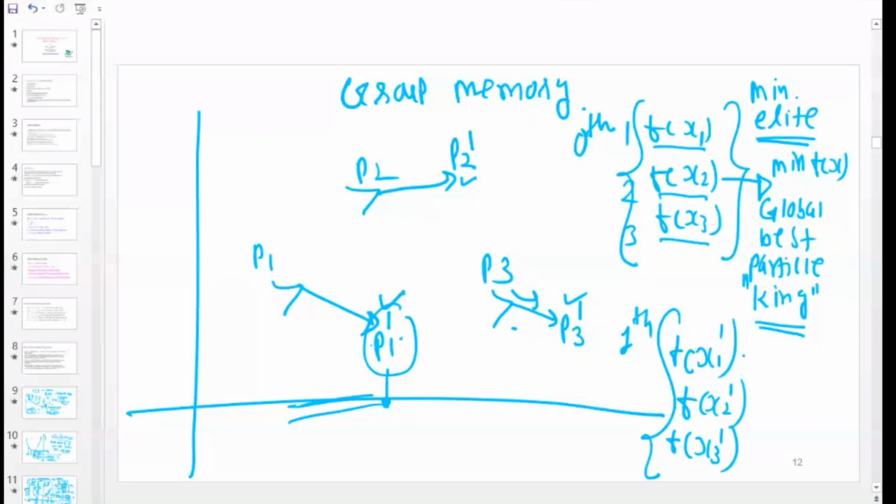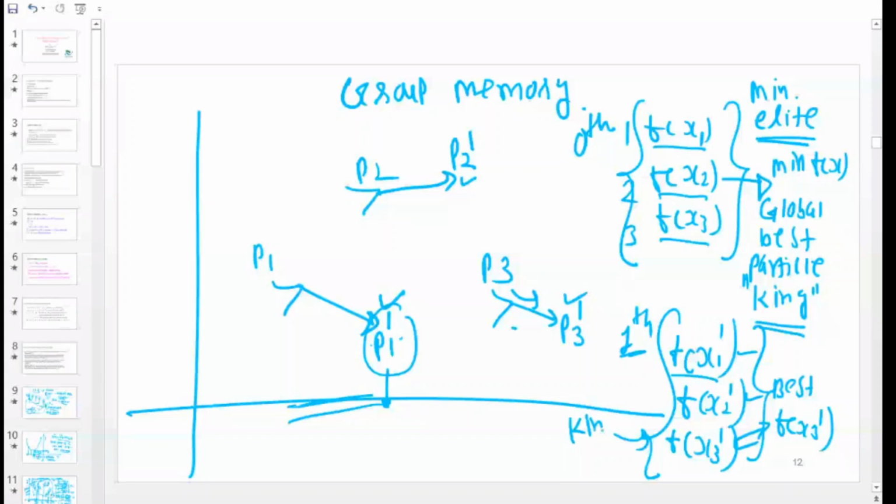Now same procedure, compare the function values obtained in the first iteration and find out which one is the minimum in this group. Hypothetically assume that f of x3 is the best. So in this first iteration, this is the king particle.